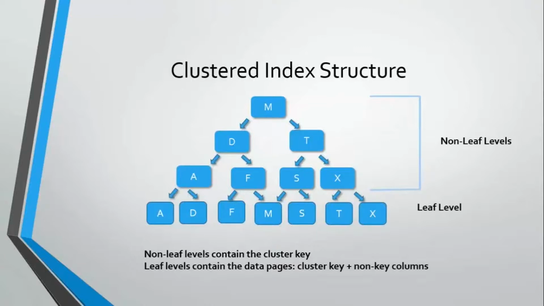This is what you actually think about whenever you think about your data. It contains the cluster key for that row plus any non-key columns. So if I had a table, let's say a customer table, and I had a clustered index on customer ID, my non-leaf levels would contain customer ID, and my leaf levels would contain customer ID plus first name, last name, on and on, whatever you have in that table.